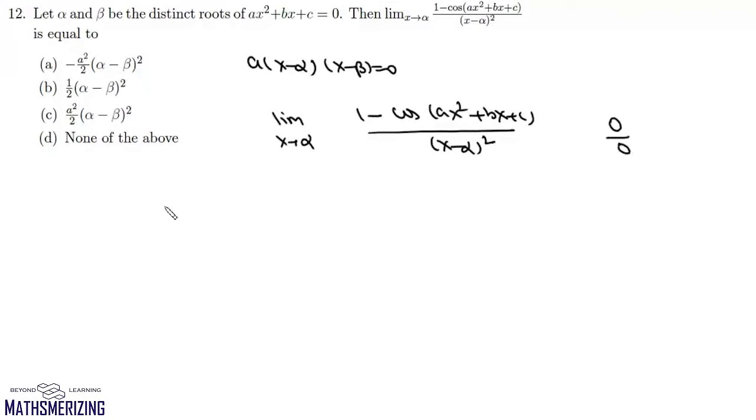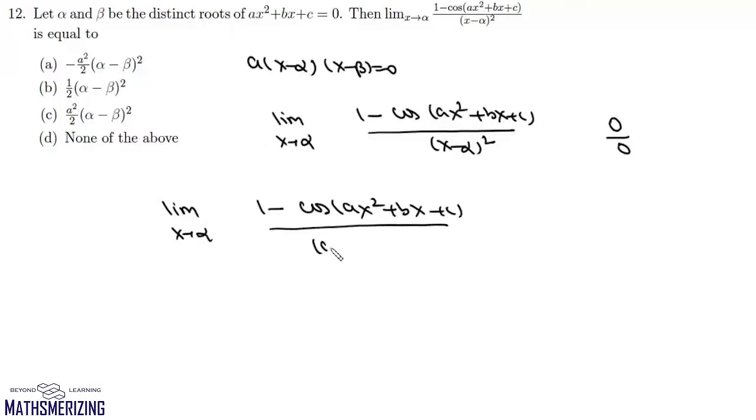Now we'll use a standard limit. So we can write the limit x tends to alpha of (1 - cos(ax² + bx + c)) upon (ax² + bx + c)², into (ax² + bx + c)² upon (x - alpha)².